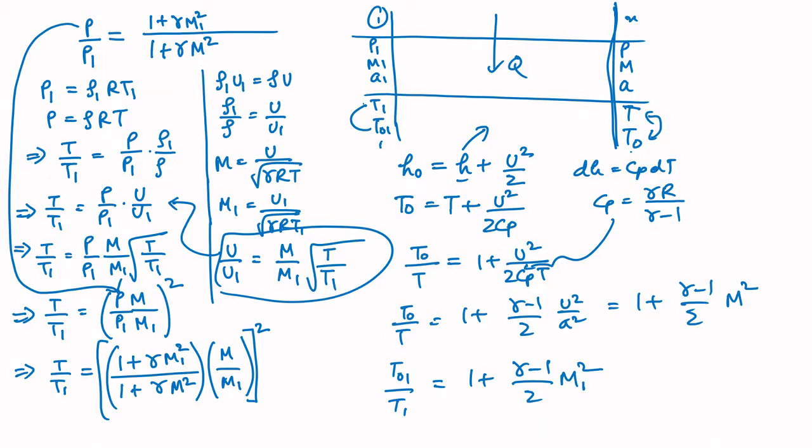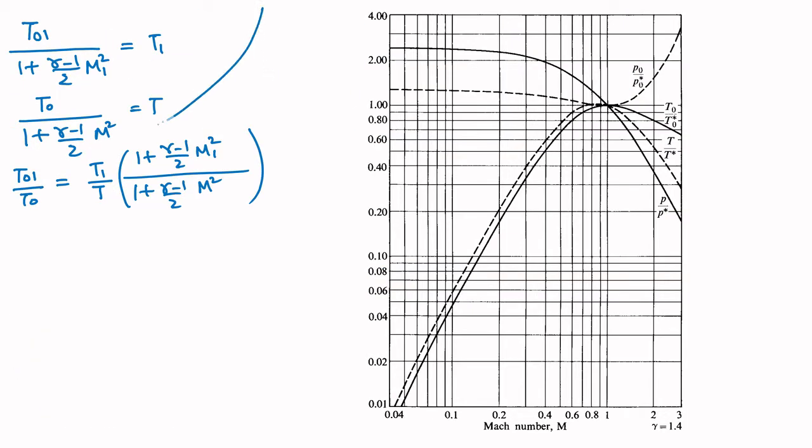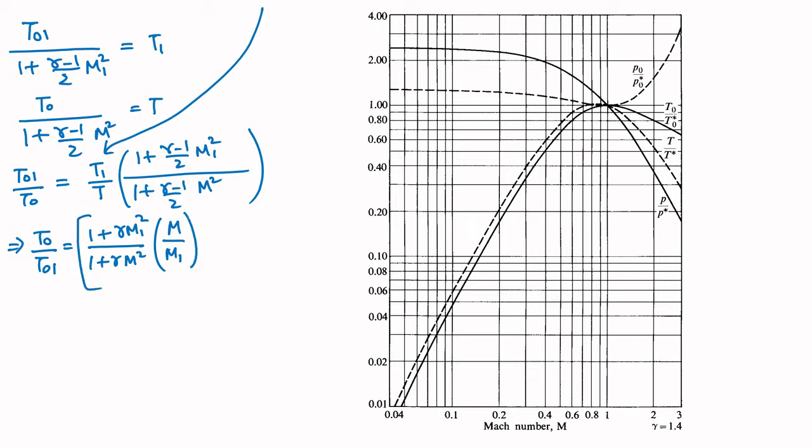Then if you invoke this relationship into T1 by T, what you get is, I will write down the final expression, T0 by T01 is equal to 1 plus gamma M1 squared by 1 plus gamma M squared times M by M1 whole squared times 1 plus gamma minus 1 by 2 M squared divided by 1 plus gamma minus 1 by 2 M1 squared.